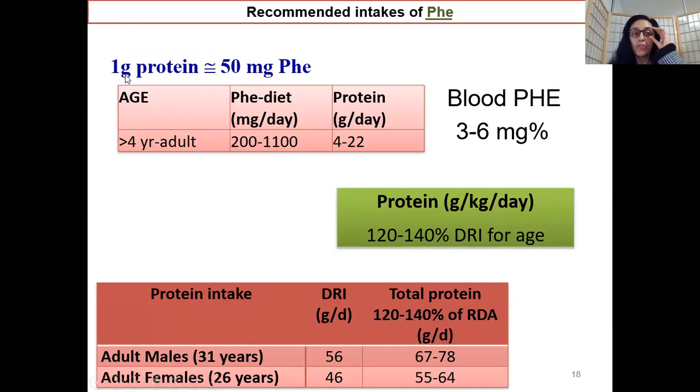Approximately 1 gram of protein gives you roughly 50 milligrams of phenylalanine. Please note, this is an approximation. You cannot really take a food sample and analyze it in the lab to give perfect values of phenylalanine. When your patient just tells you they had 2 cookies and 1 cup of milk, you have to do rough calculations of phenylalanine, and that is when you will use this approximation.